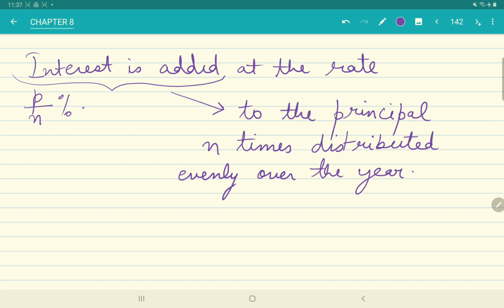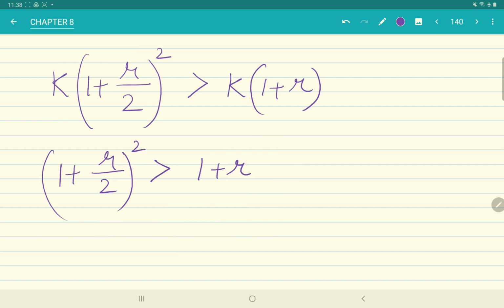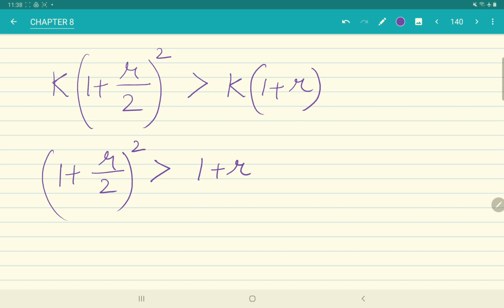What does that mean? After 1 year, if the deposit is K dollars, the deposit would move to K(1 + r/n)^n. Earlier it was this (1 + r/2)^2. Now it is (1 + r/n)^n.